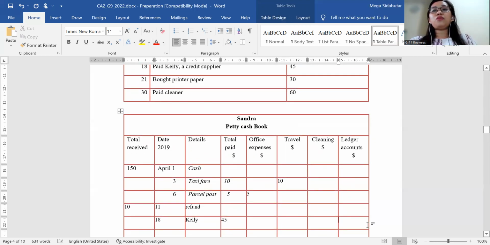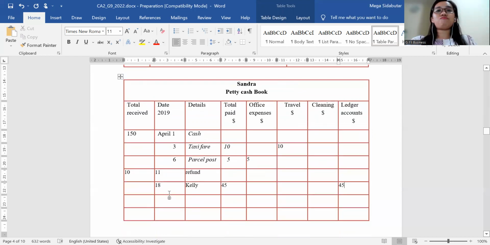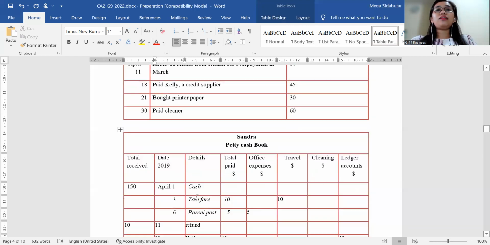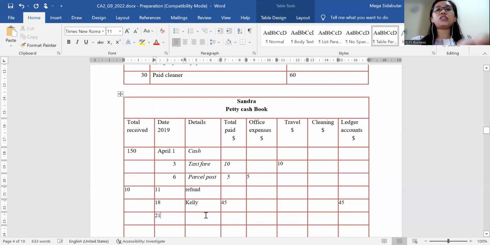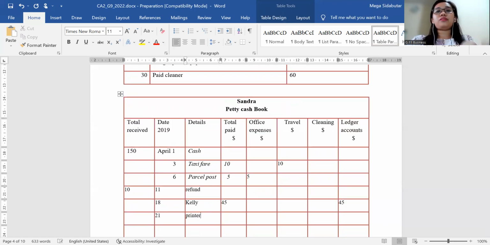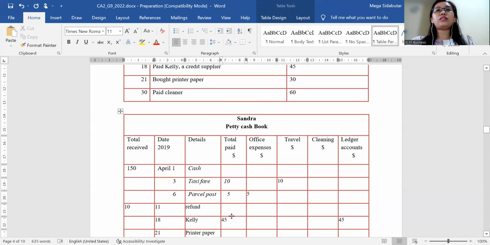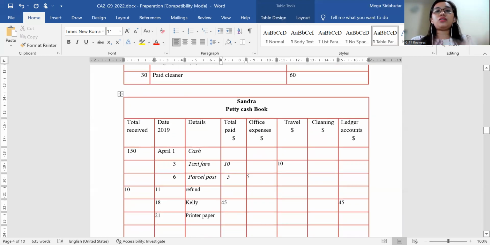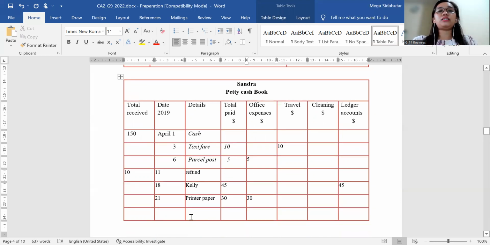It will be put on the ledger account. And then on the 21st, we bought printer paper. Printer paper, how much? It's $30. We can write it also under office expenses.